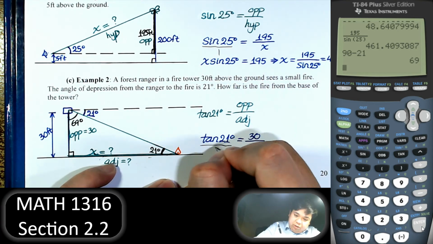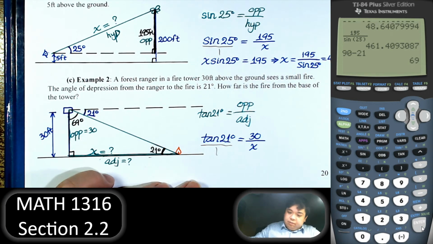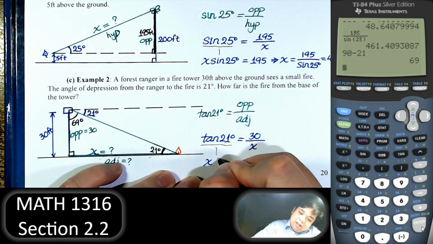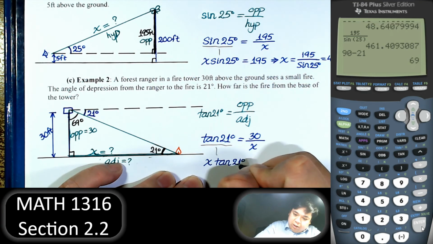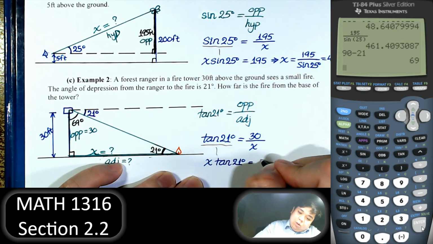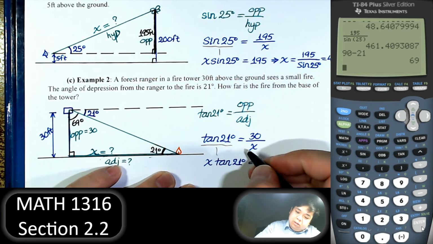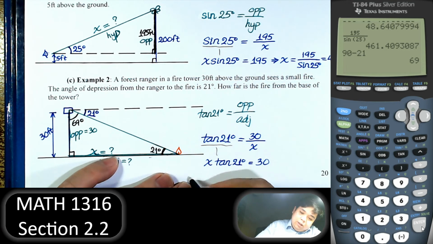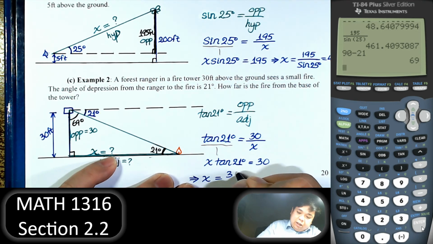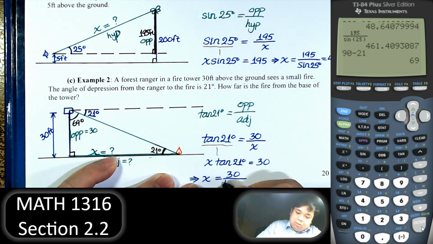We have the ratio, cross multiply: x times tangent of 21 degrees equals 30. So for x, 30 divided by tangent of 21 degrees.